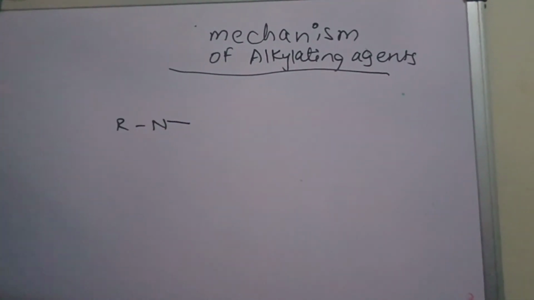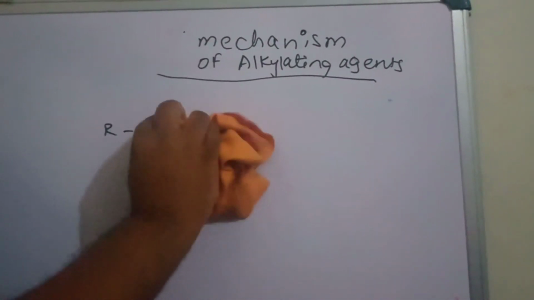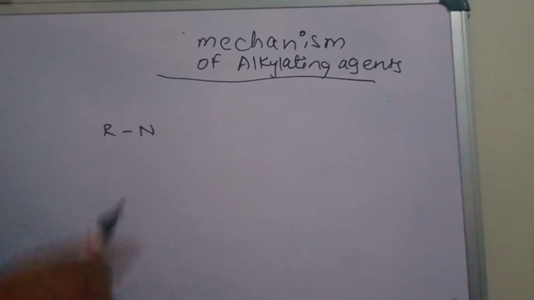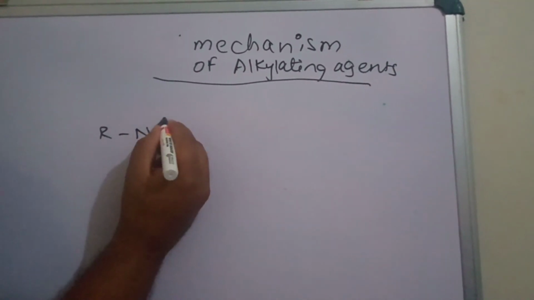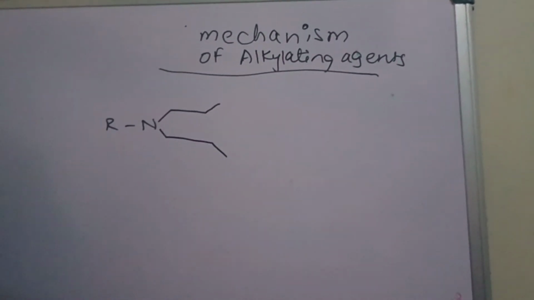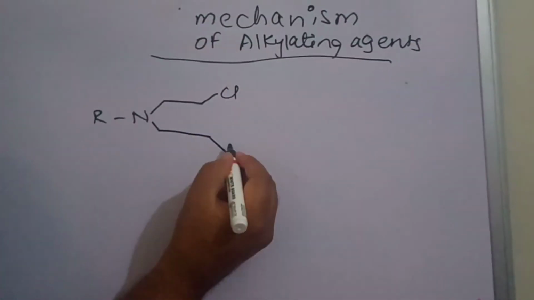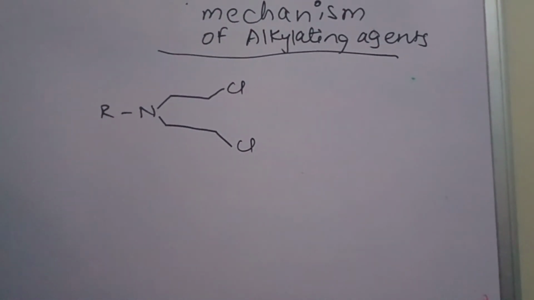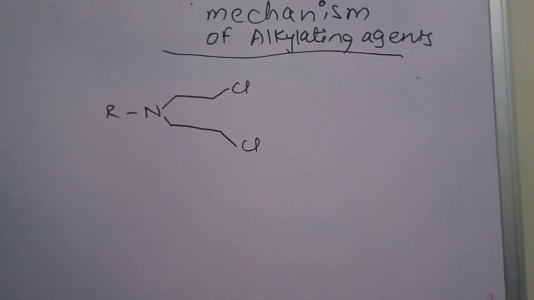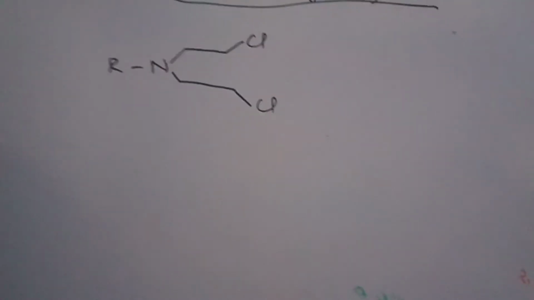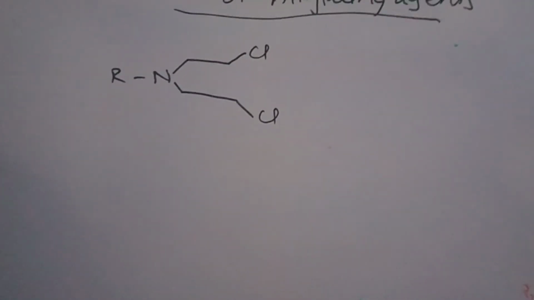It contains N,N-diethylamine with two chlorines, or maybe a methyl aromatic, as in cyclophosphamide, mechlorethamine, chlorambucil. How they actually bind with the nucleophilic site is what I am going to explain here.